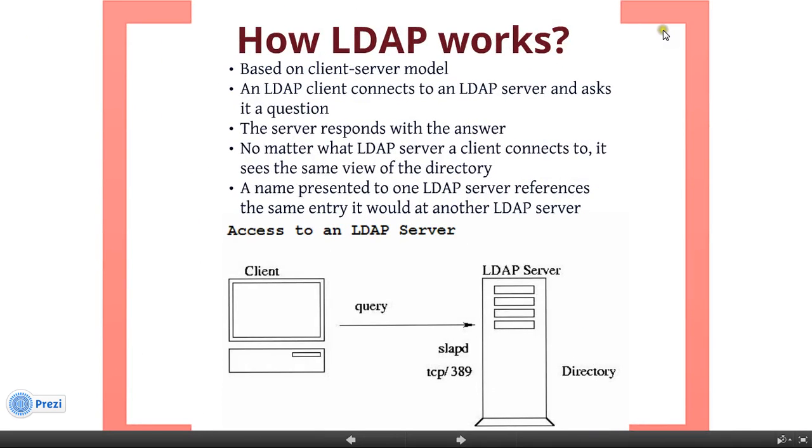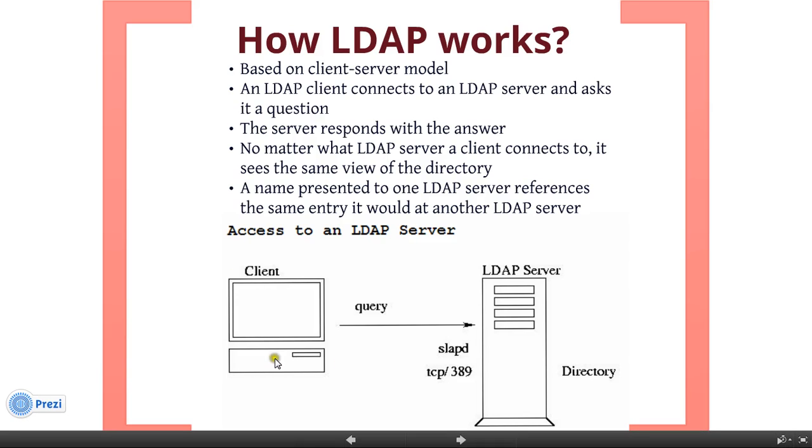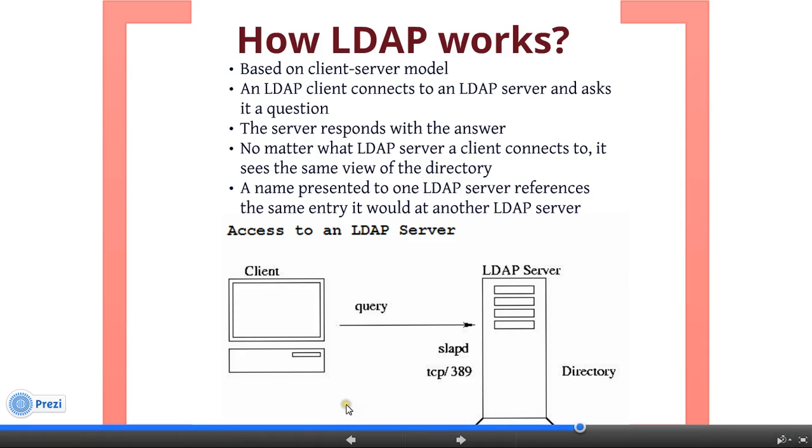How does the LDAP work? An LDAP directory service is based on a client-server model. One or more LDAP servers contain the data making up the LDAP directory tree or LDAP backend database. An LDAP client connects to an LDAP server over here and asks it a question.